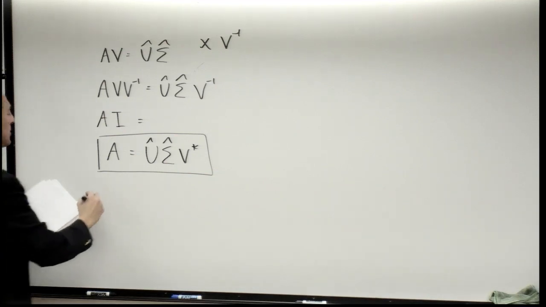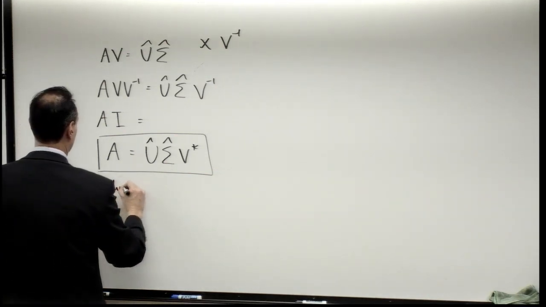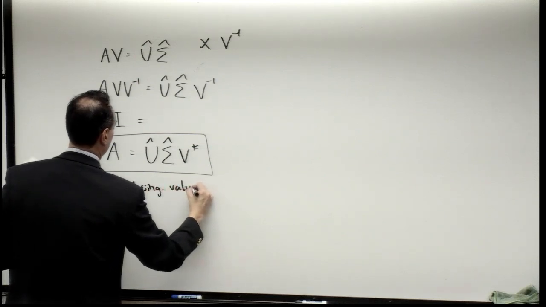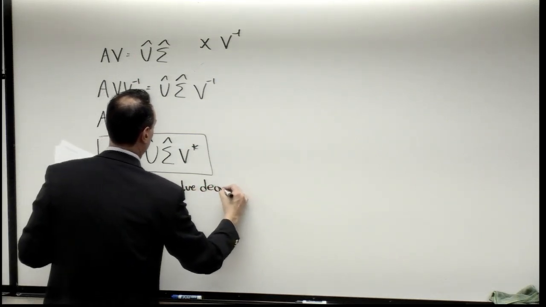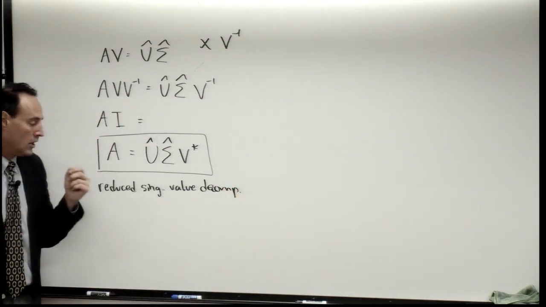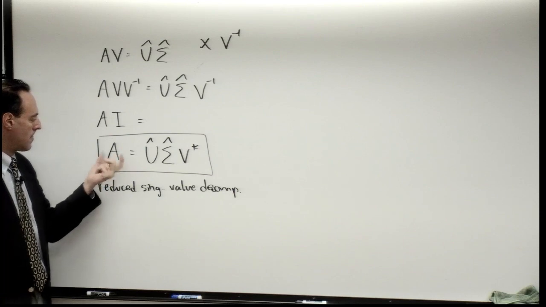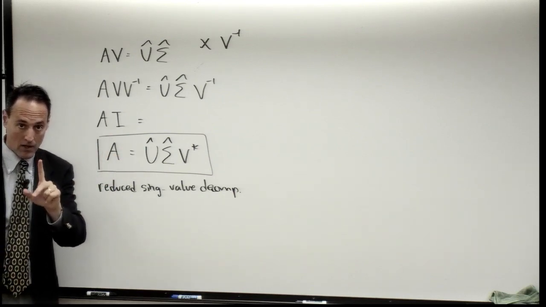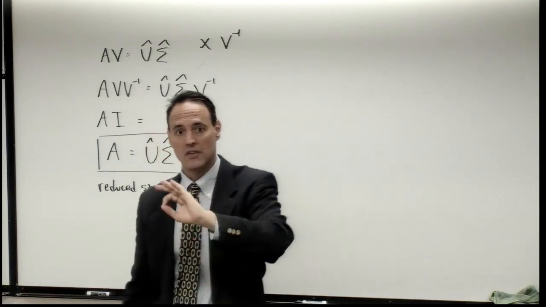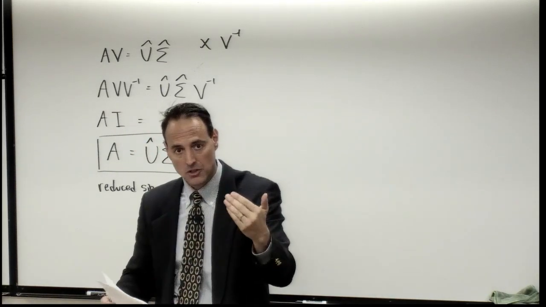This is called the reduced singular value decomposition. So what does it say? My matrix A. What do matrices do? Remember, what do matrices do? They rotate and they stretch.